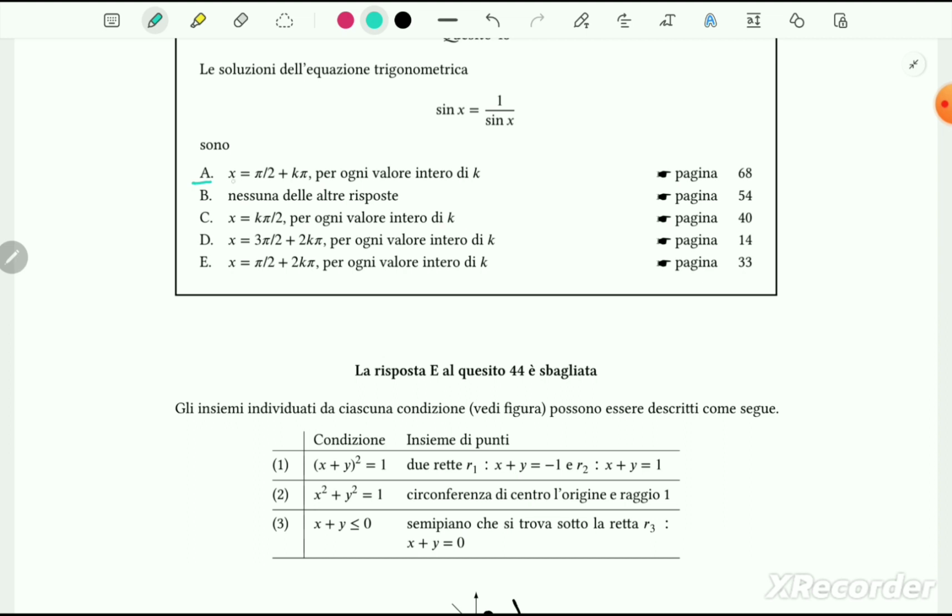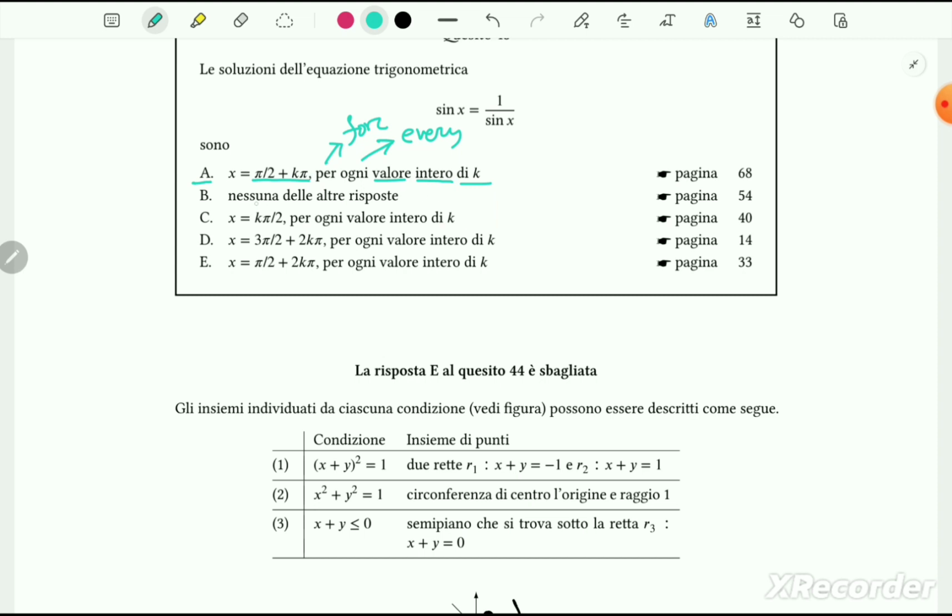Options A, x equal to pi by 2 plus k pi, per ogni valore intero di k, meaning for every integer value of k, the solution is x equal to pi by 2 plus k pi.